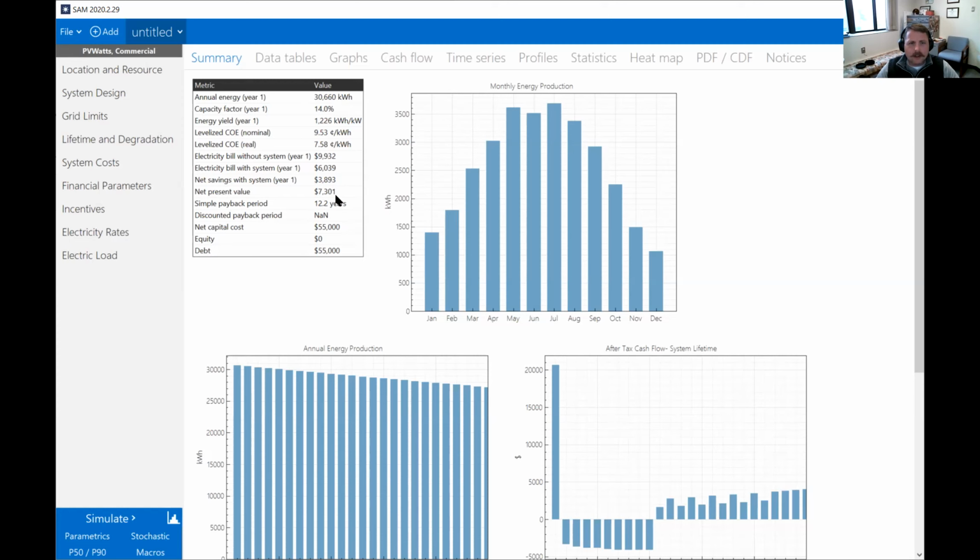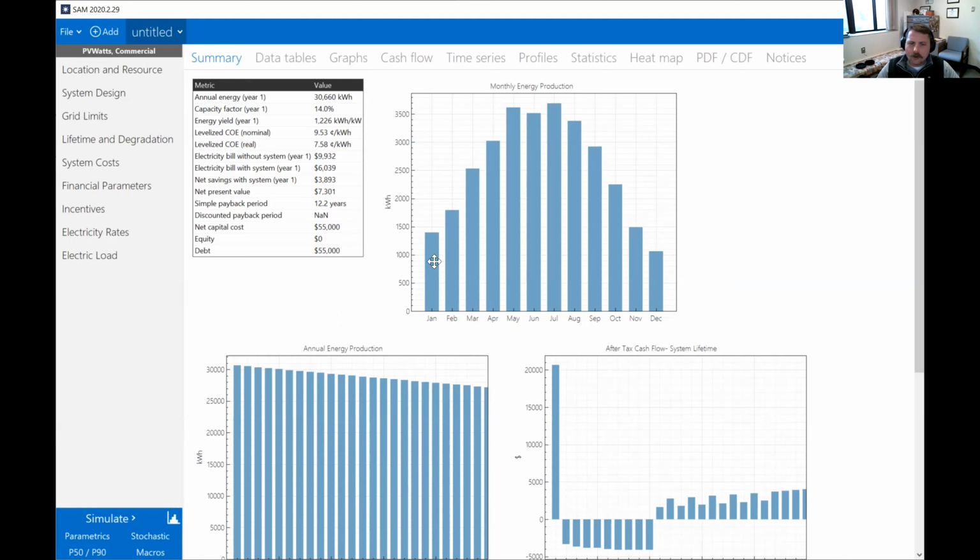I can also find out how much I saved in year one. I saved $3,893 in electricity in year one. So essentially my electric bill went down by that much in year one, and of course with inflation, every year it's going to change just a little bit.